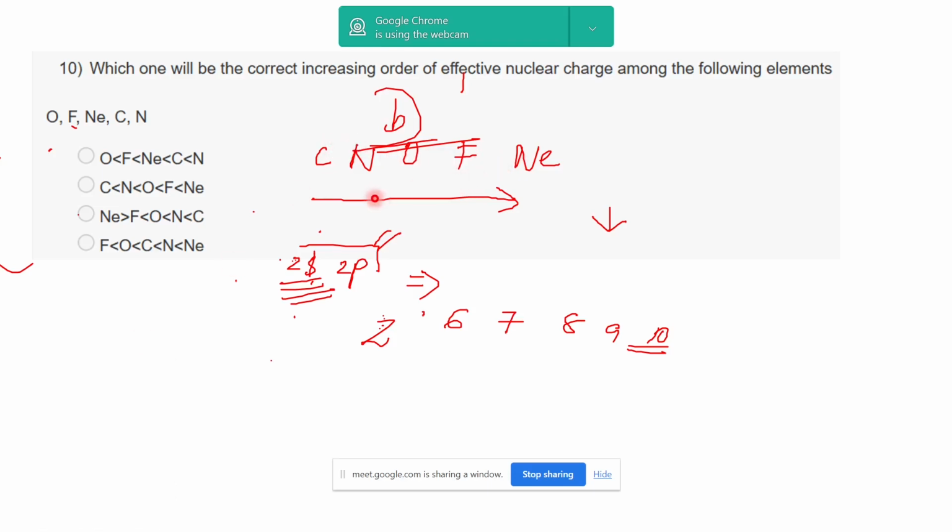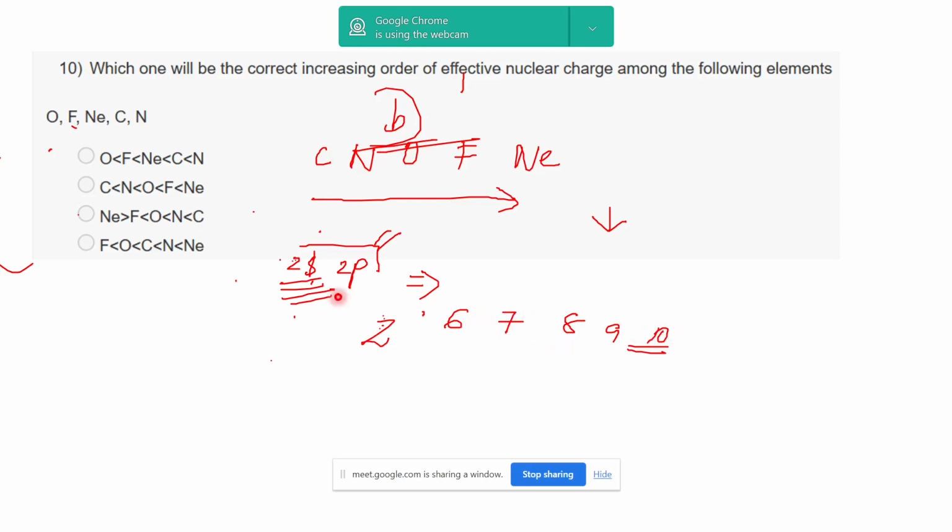Now, if I am adding electrons here, all of these have the same shell, 2s and 2p. So I am adding electrons to the same 2p orbital for all these elements. But at the same time, the nuclear charge is increasing, from 6 to 10: 6, 7, 8, 9, 10.